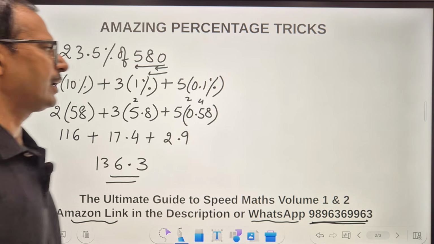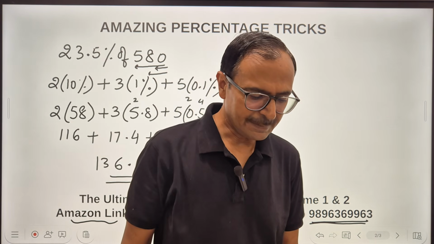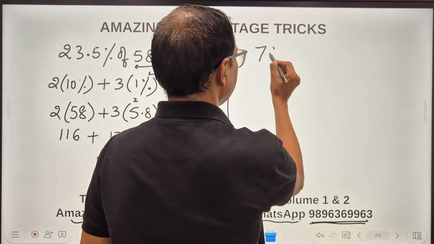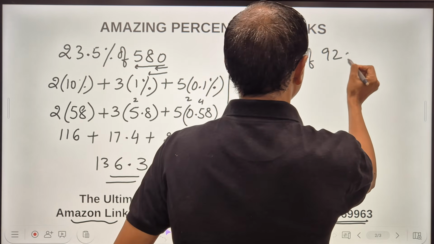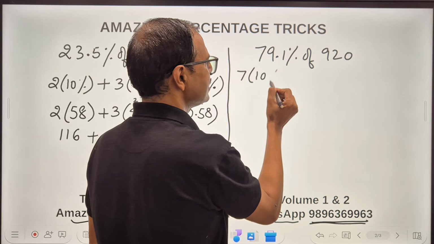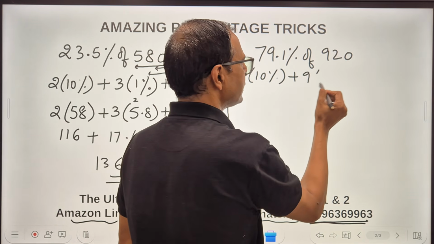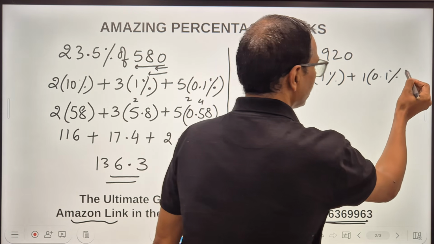So let's take one more question, and you will see how beautiful the method is. Let's take 79.1% of 920. Now 79.1 is 7 times 10% plus 9 times 1% plus 1 times 0.1%, right? So I broke it down.